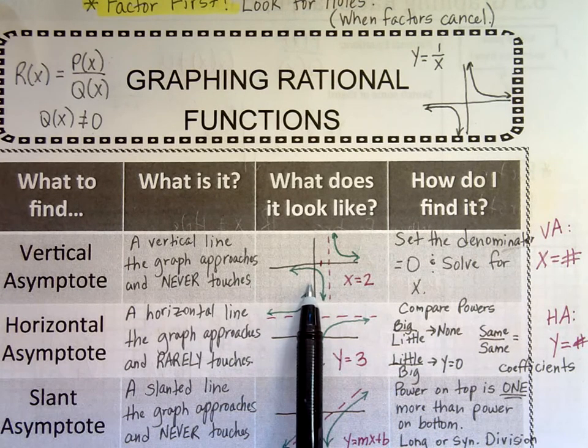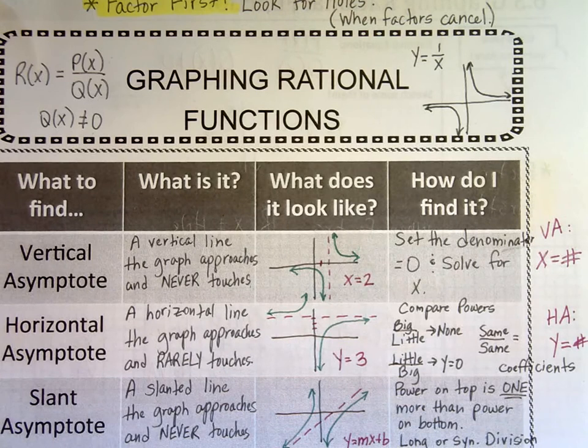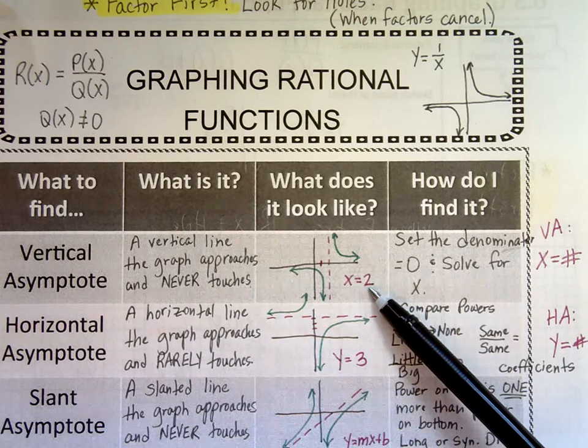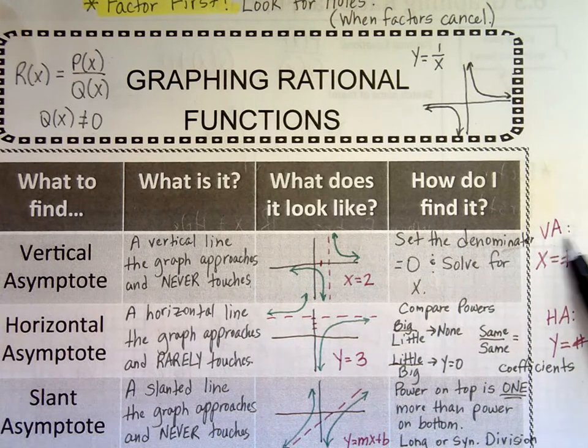So here's a picture of what it looks like. Usually we use dotted lines because it's not actually part of the graph, but it's important to the graph. So you put a dotted line there. Because it's a vertical line, it always has to be x equals some number. So we call them VAs, vertical asymptotes, and they always have to be x equals some number.